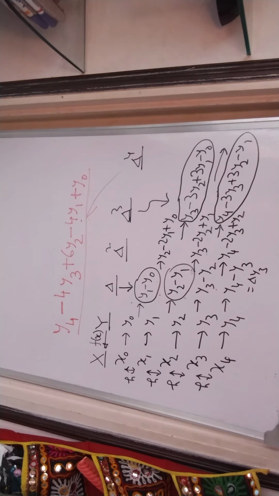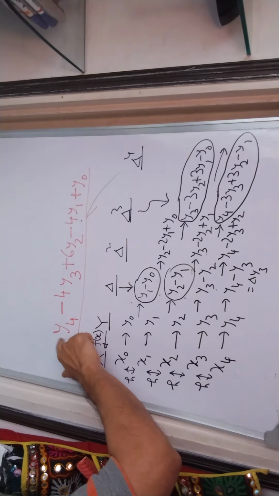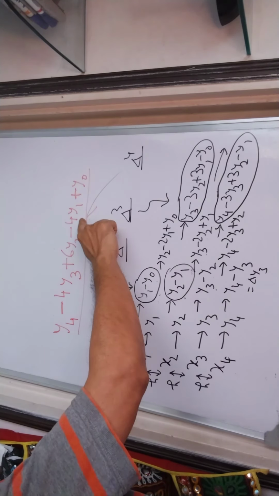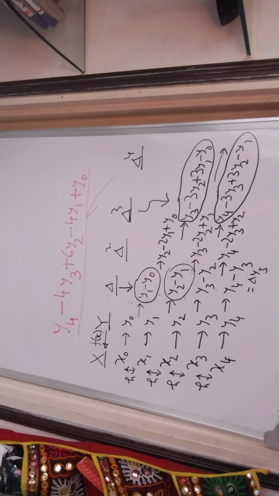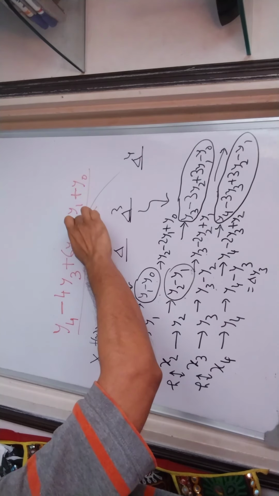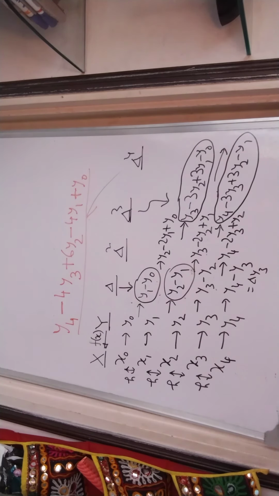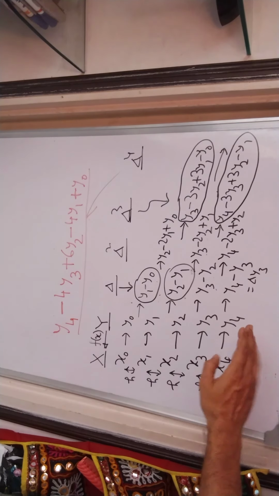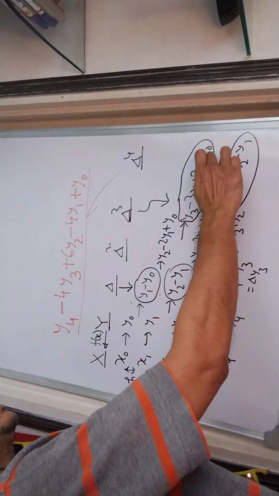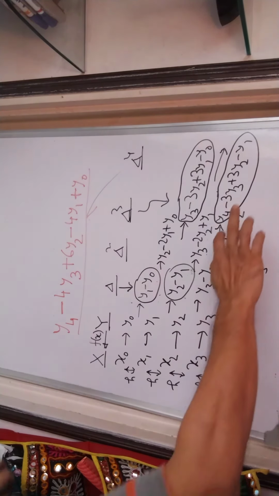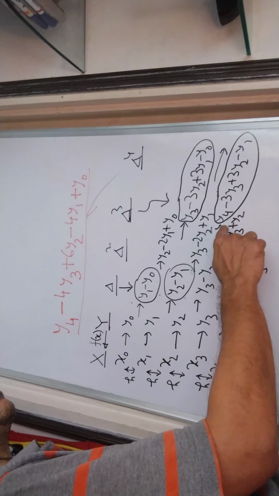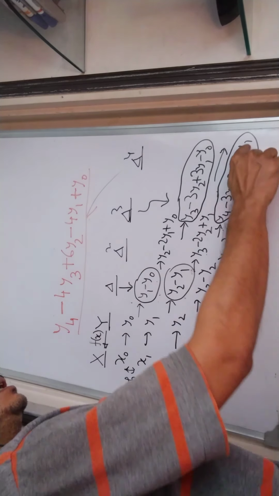Now just have a look, this is nothing but 4C0, this is 4C1, this is 4C2, this is 4C3, and this is 4C4. Or you may think of it like this: this is 4C4, this is 4C3, this is 4C2, this is 4C1, and this is 4C0. Isn't it so? And you can match it. In the case of the third difference, we have here 3C3, here 3C2, here 3C1, and here 3C0. Here also we have 3C3, 3C2, 3C1, and 3C0.